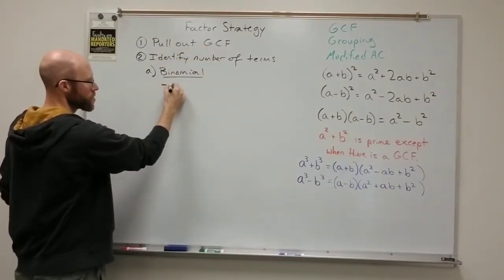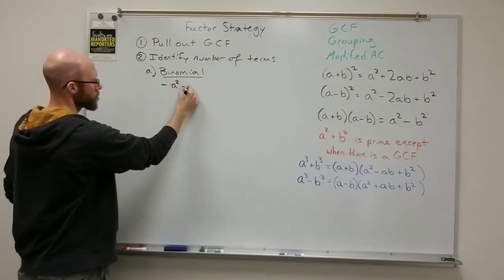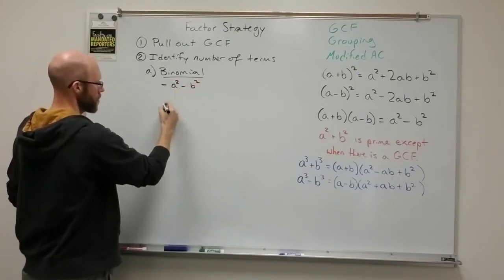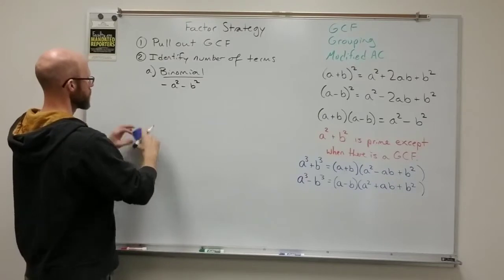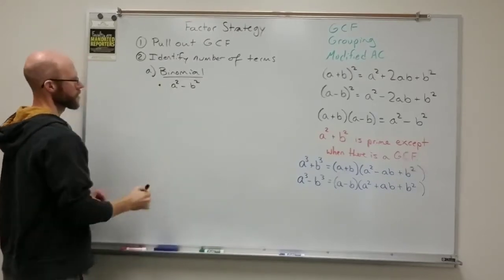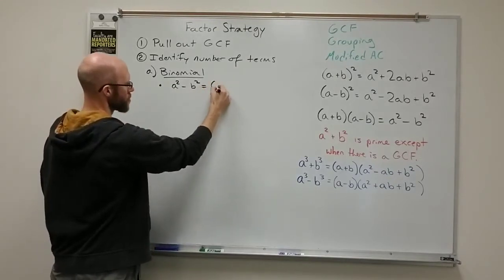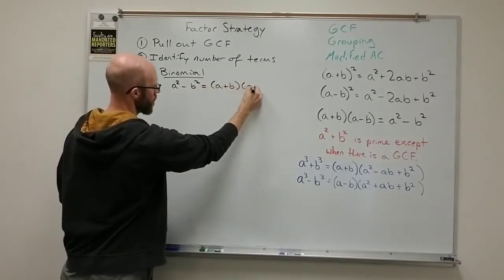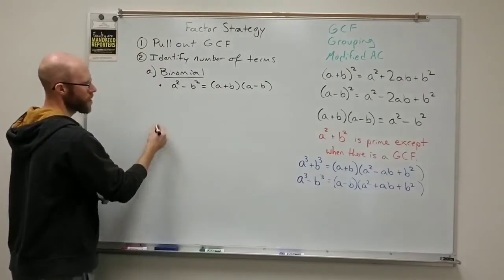You're either going to use a squared minus b squared equals a plus b, a minus b. So we could use that one.